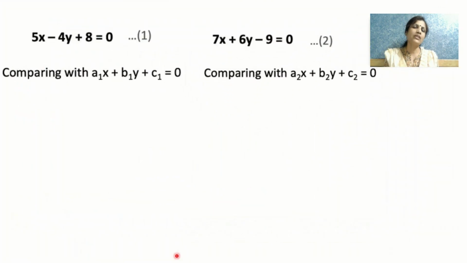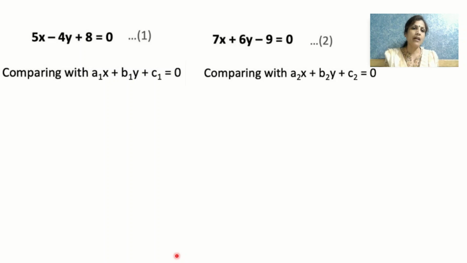So this is exercise 3.2, question number 2, and from question number 2, this is the first sum. We'll consider both the equations as 1 and 2 and compare both the equations with the standard form, that is A1x plus B1y plus C1 is equal to 0. And for the second equation, we'll consider A2x plus B2y plus C2 is equal to 0.